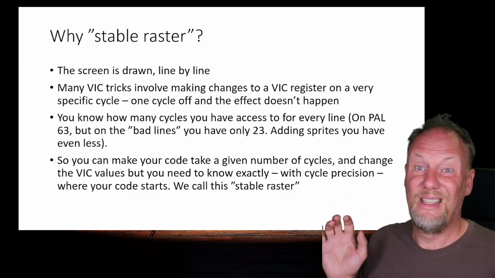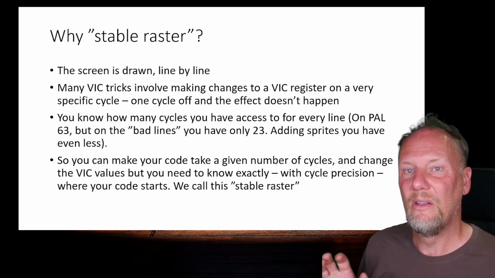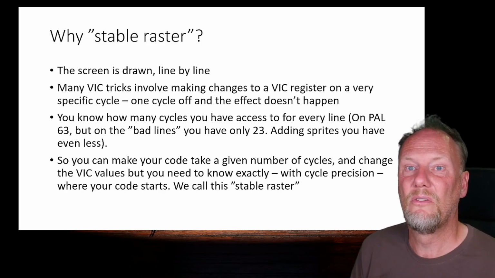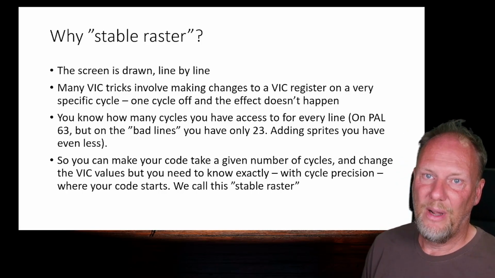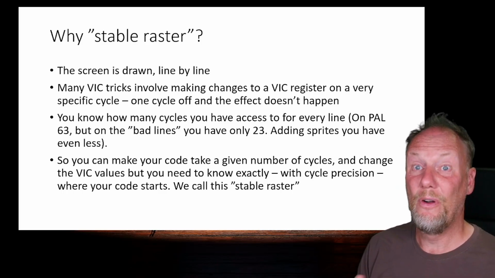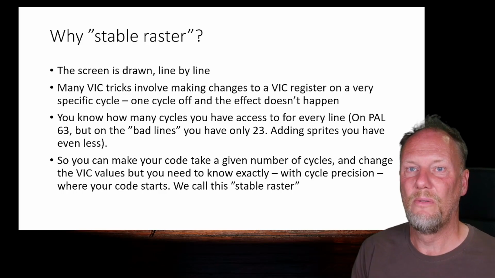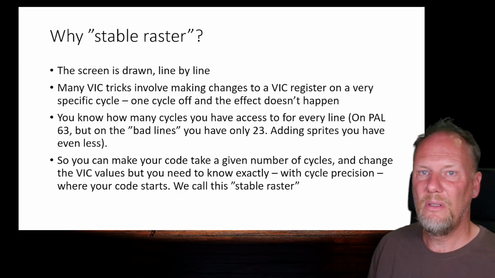And the CPU just sits there, cannot do anything, and it's not really aware that it's being interrupted either. Then the VIC lets go of the bus, and the CPU can start working again. And if you add sprites, you would have further instances of the VIC taking precedence over the bus, halting the CPU.